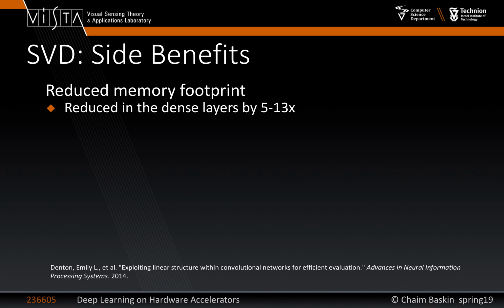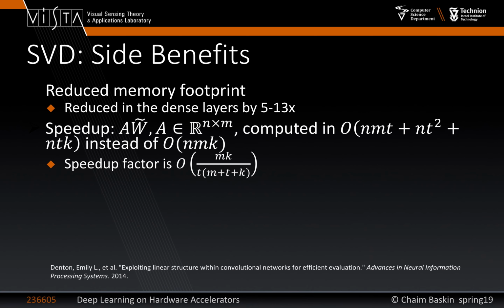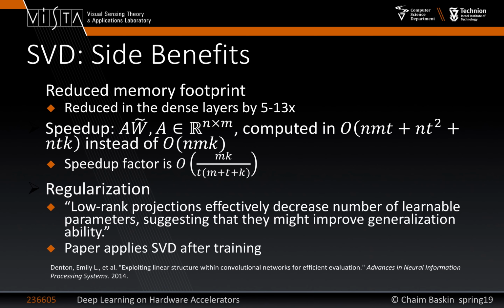So the benefit of using singular value decomposition is reducing the memory footprint. It can be reduced in dense layers by a factor of 5 up to 13, and we get a speedup by reducing computational complexity by a speedup factor of mk divided by t multiplied by m plus t plus k.